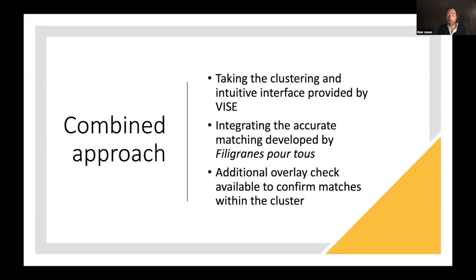So taking that fine-grained cross-domain image matching techniques developed by the Filigrane Plot2 project, using those slightly different approaches from computer vision, and then integrating it into something which looks a bit like the kind of user-friendly clustering search with comparison provided by VISE, and then also providing the kind of detailed overlays we saw in the first slide, which will allow us to check individual matches to see if they really are mold mates rather than simply very similar instances of the same type of watermark.